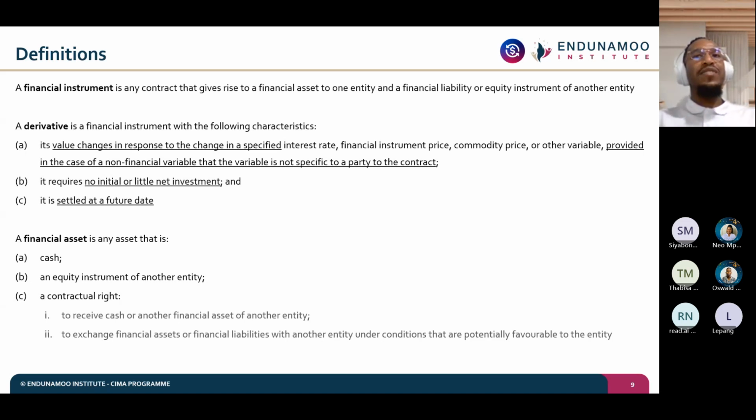We are going to discuss this further towards the end of the session when we deal with derivatives. We'll come back to this definition and just see how it applies and how the different classes of derivatives actually qualify to meet the definition of a derivative.